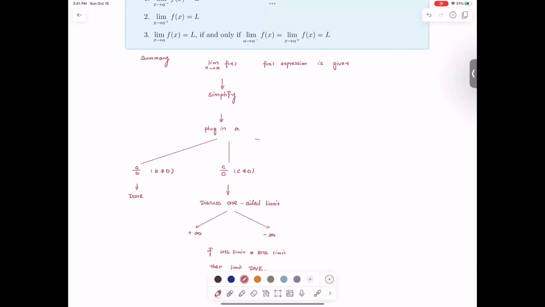The third case is you have 0 over 0. What do you do? You multiply by the conjugate, and then simplify.